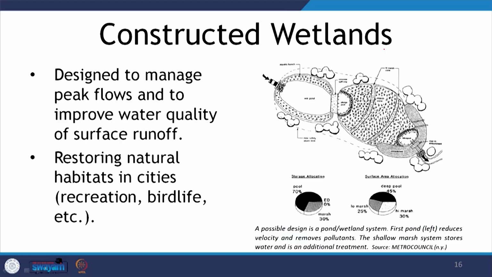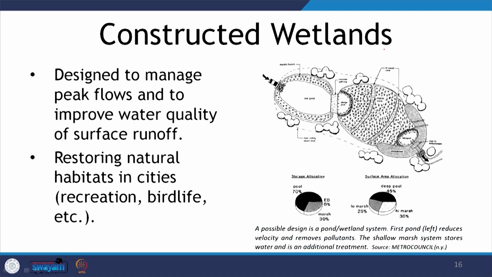Green roofs also help from the stormwater point of view, because they absorb water and they also reduce the flow of water on a surface. So, they help in both ways.